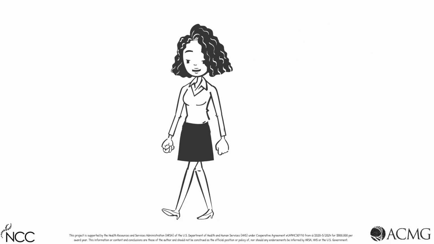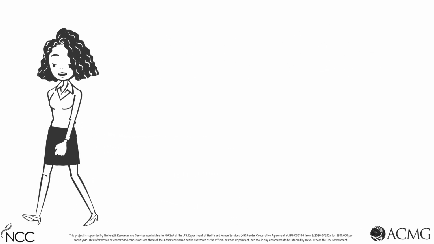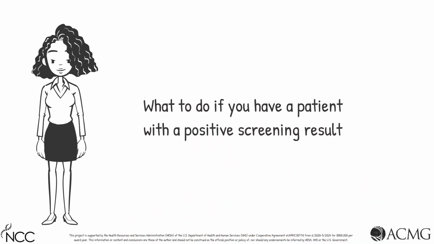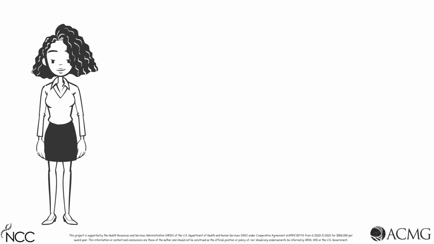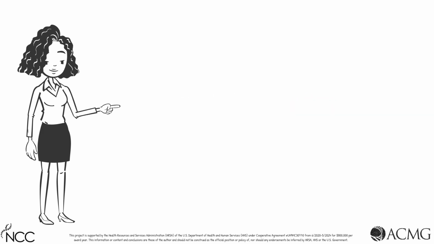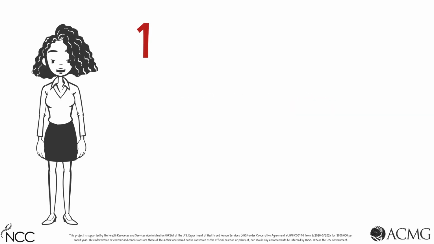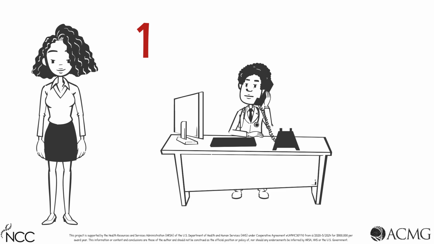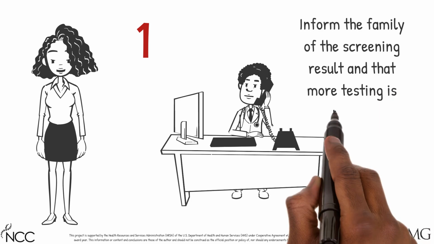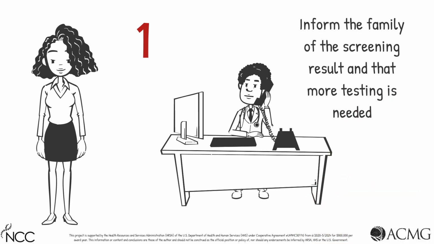Now that you have an understanding of what sickle cell disease is, let's talk about what to do if you have a patient screened positive for sickle cell disease during newborn screening. You will need to take the following actions. First, contact the family and do the following. Inform them of the newborn screening result and that more testing is needed to determine if their child does or does not have sickle cell disease.